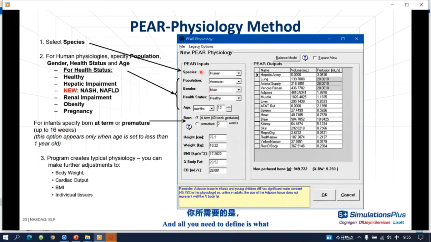And all you need to define is what conditions you want. You can also define what body weight or BMI you want for that child. And the program will calculate the entire physiology. All the algorithms are already in the program. And the program would tell you what would be the body tissue sizes, compositions, blood flows, and so on for that specific child.